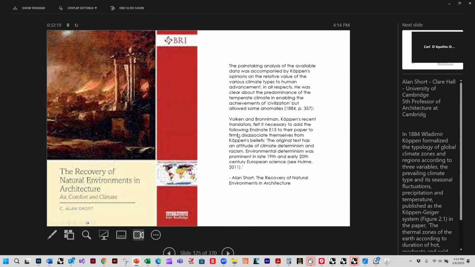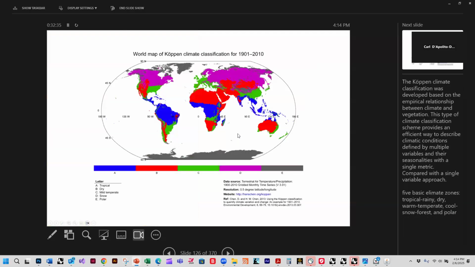This book, The Recovery of Natural Environments, by this man, Alan Short, who's at Cambridge, he's very dogmatic about it. And he talks about how the climate maps, which is how we distinguish climates, the Köppen climate maps, were made in 1884, and then reinterpreted.